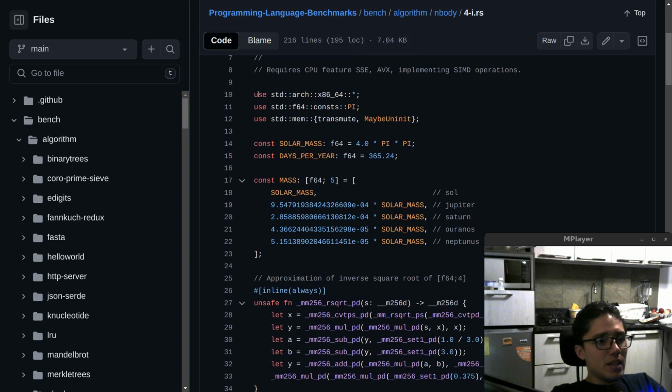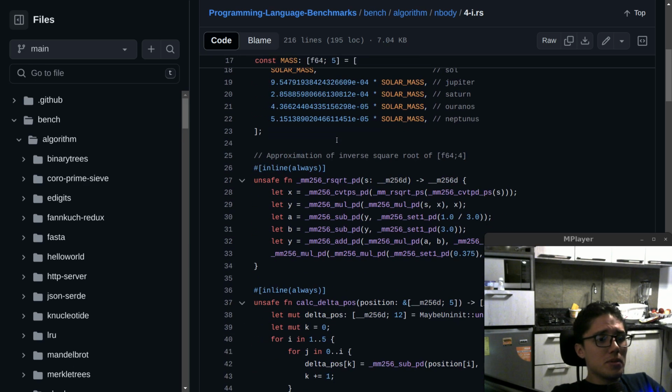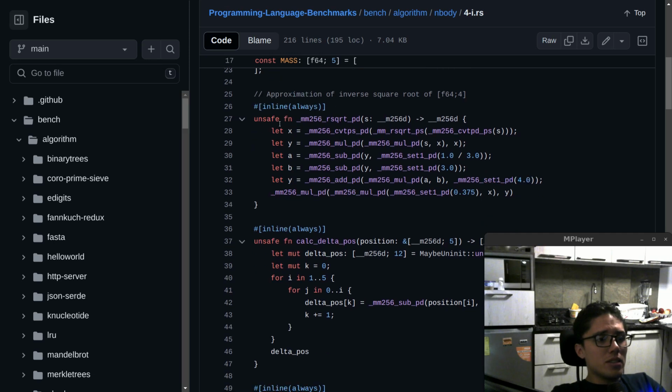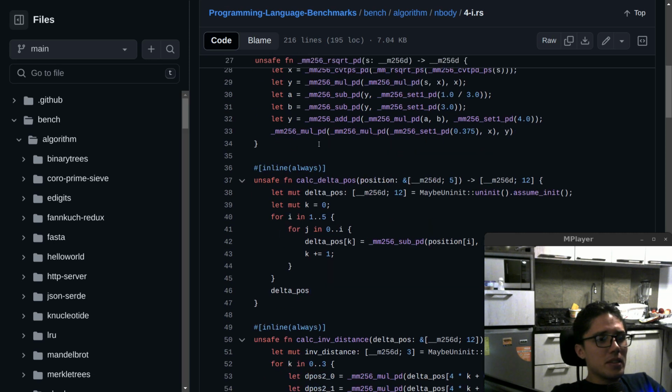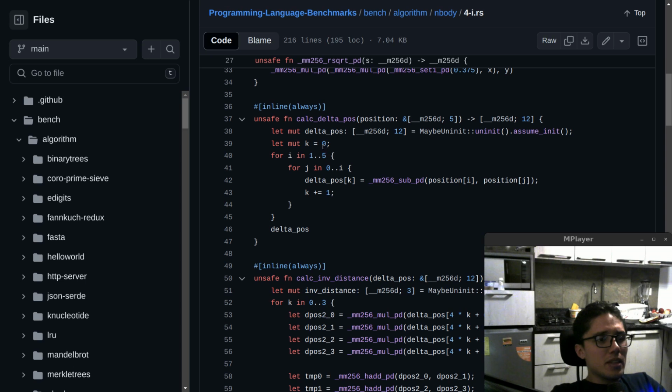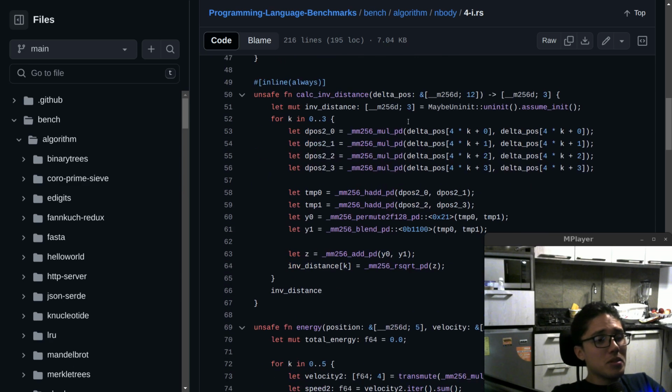If I'm writing an operating system, maybe I would like to have this, but otherwise, probably not, right? I don't know, solar mass, days per year. It says unsafe. So it has fn as function. Then it has these things that I don't know what they mean. Position and 256 days, I guess. I don't know. I'm not an expert in this. Inverse distance.